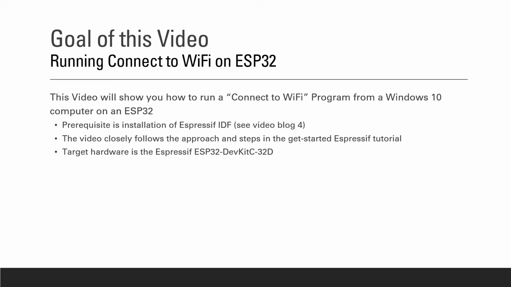A prerequisite is installation of the Espressif Development Framework, and that's shown in video blog number 4. And this video follows the steps in the Get Started Espressif tutorial, and our target hardware is the DevKit C.